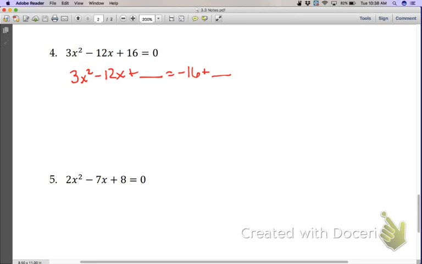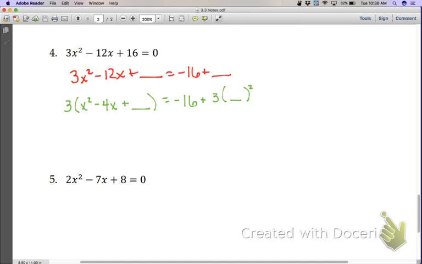So if I factor out the 3, since it's factorable, I have x squared minus 4x plus whatever's in my blank equal to the negative 16 plus, now don't forget, the 3 times whatever ends up in that blank squared. So whatever ends up in that blank, I need to square it.